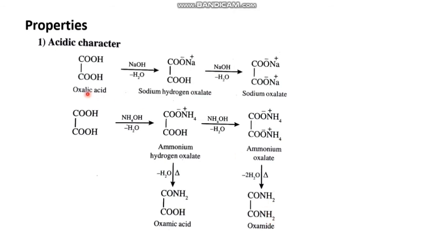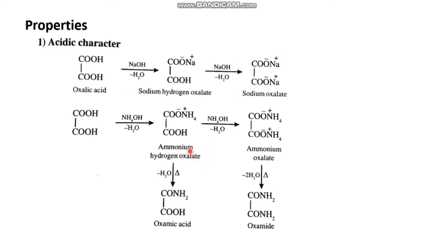So this is the acidic character. Oxalic acid, when treated with sodium hydroxide, first gives sodium hydrogen oxalate. This reacts with another molecule of sodium hydroxide to give sodium oxalate. Similarly, oxalic acid reacts with ammonium hydroxide, first giving ammonium hydrogen oxalate, which reacts again with another molecule of ammonium hydroxide to give ammonium oxalate.